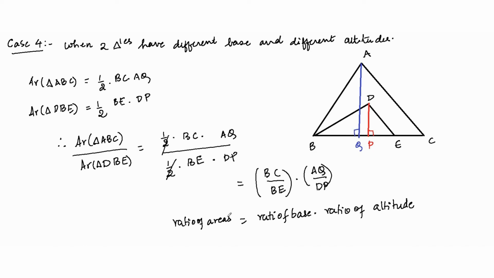So we have considered all possible cases, all 4 cases. In one case we had equal bases, in the other case we had equal heights, in the third case we had both equal height and base, and in the last case we had different heights and bases. So let me now pause this for a minute or so, and then we will summarize all that we have learned so far.